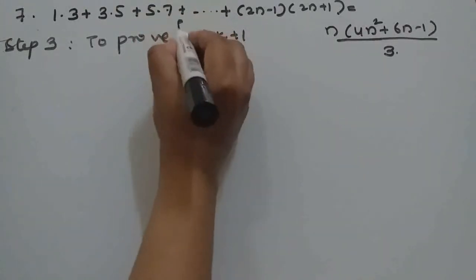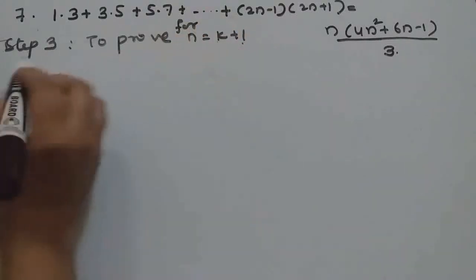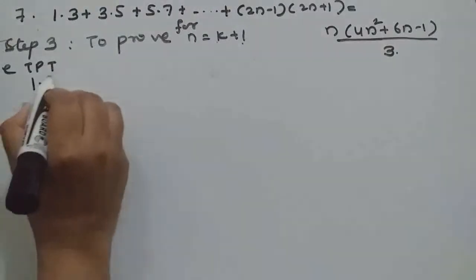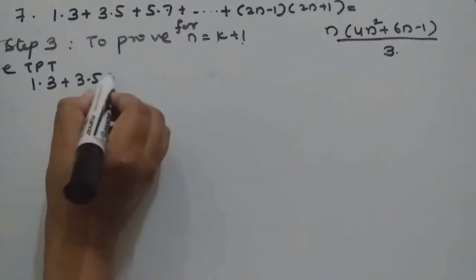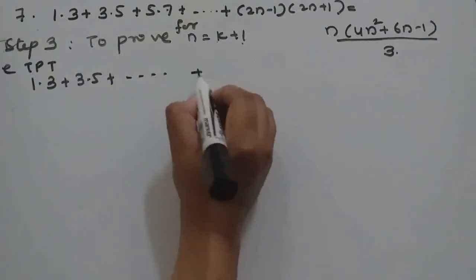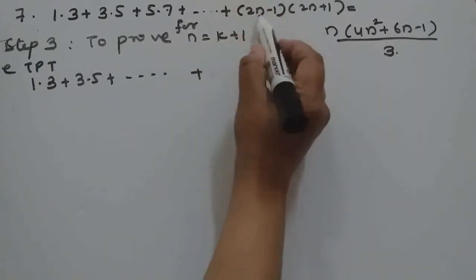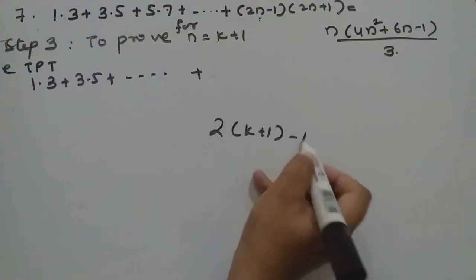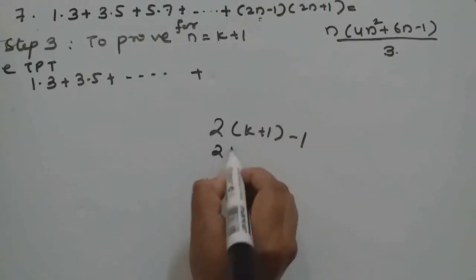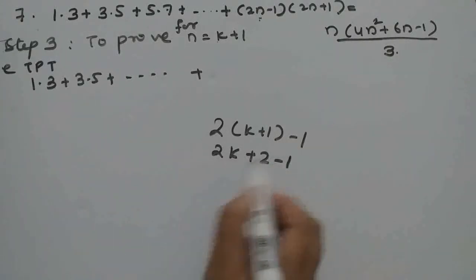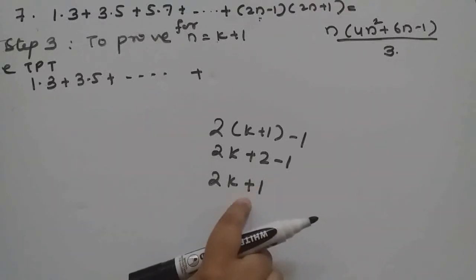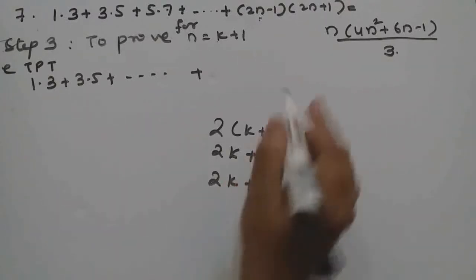To prove for n equal to k plus 1, what we should prove is 1.3, 3.5 up to, now here n value is k plus 1. So 2 into k plus 1, if you substitute and simplify, 2k plus 2 minus 1, that is 2k plus 1 you will get. So this is 2k plus 1.